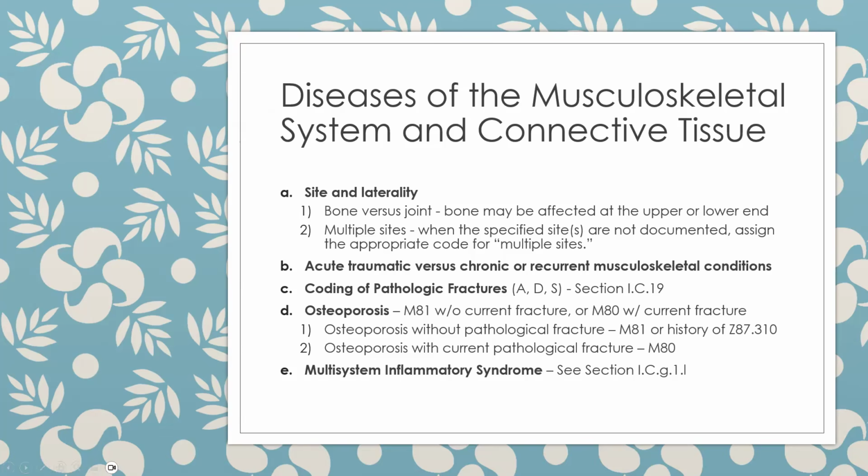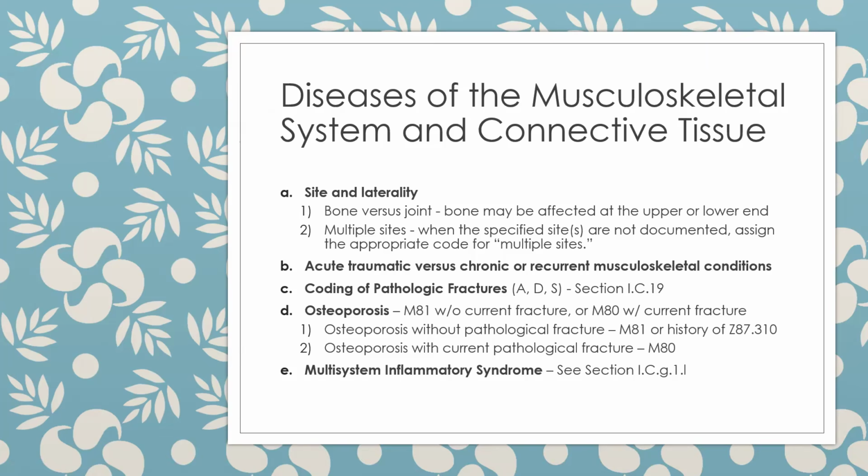Next up, when we are coding pathological fractures, the seventh character A is for use as long as the patient is receiving active treatment for the fracture. While the patient may be seen by a new or different provider over the course of treatment for a pathological fracture, assignment of the seventh character is based on whether the patient is undergoing active treatment and not whether the provider is seeing the patient for the first time.